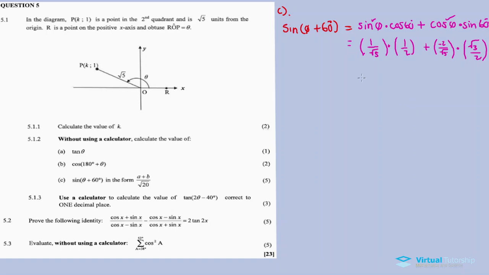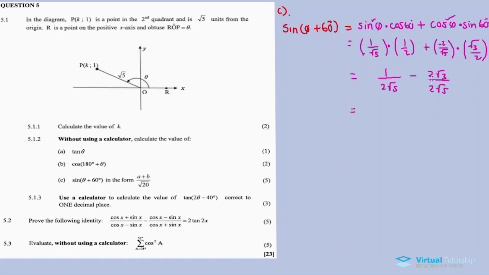Therefore, let's see, this is equal to 1 times 1, it's 1, 2 times square root 5, it's 2 square root 5, and then this is minus, yes, positive times a negative, it's negative. 2 times square root 3, it's 2 square root 3, divided by 2 times square root 5, it's 2 square root 5.